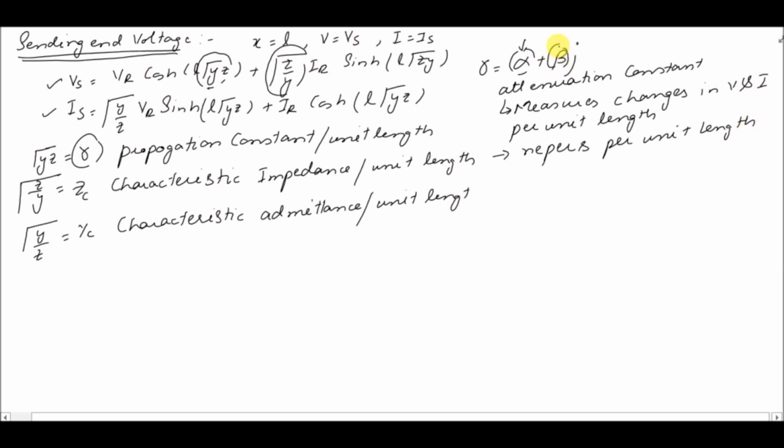This beta is the phase constant, and it actually measures the phase angle between the electrical quantities, voltage and current, between two segments.